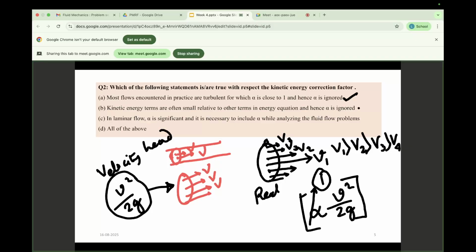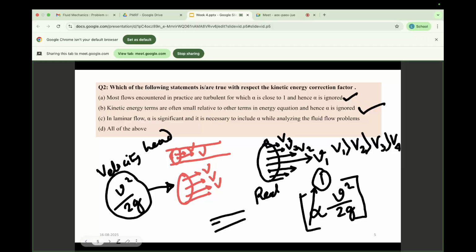Let us go to option B. These kinetic energy terms are often small relative to other terms in the energy equation. Yes, see, generally in a flow, if the velocity is quite less, then the kinetic energy term is quite less, right? And there are three terms: the kinetic term, the pressure term and the datum term.